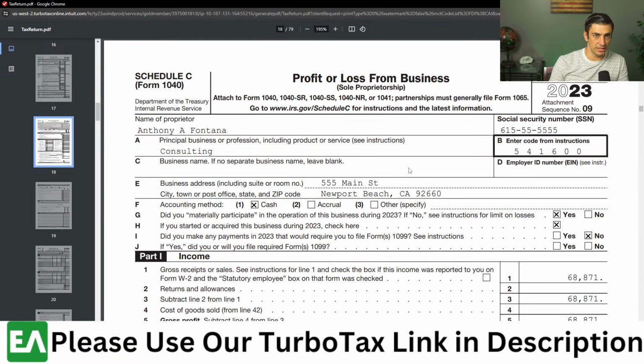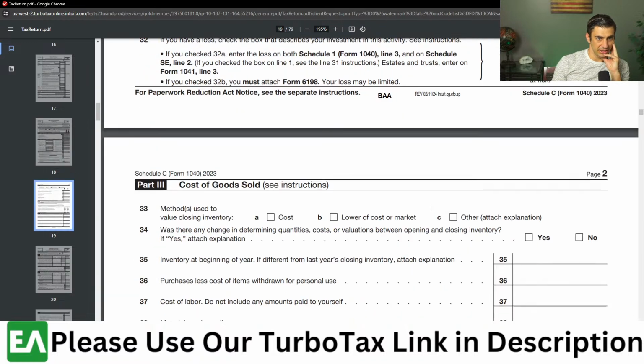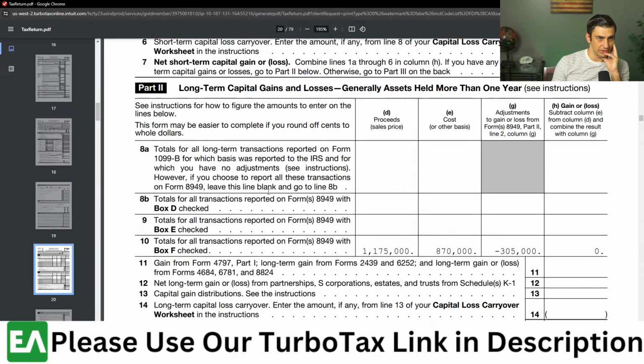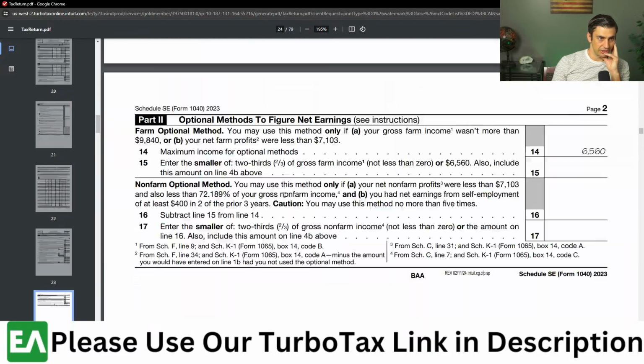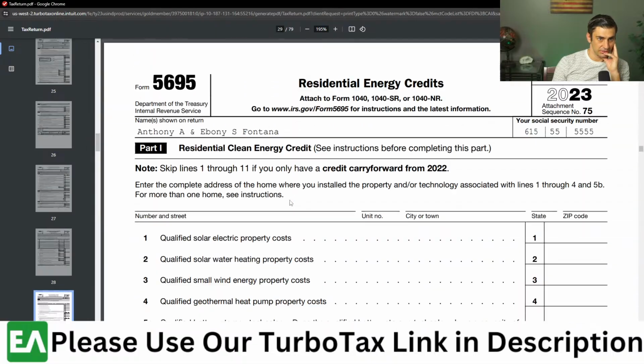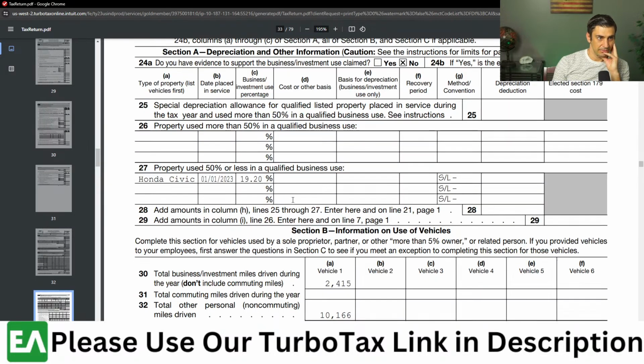Okay, so let's look at our Schedule C, right? This is where we put that consulting information. So there's our auto expense. It should tell us how much business miles. That'll actually be on the depreciation schedule here. There it is, my Honda Civic.